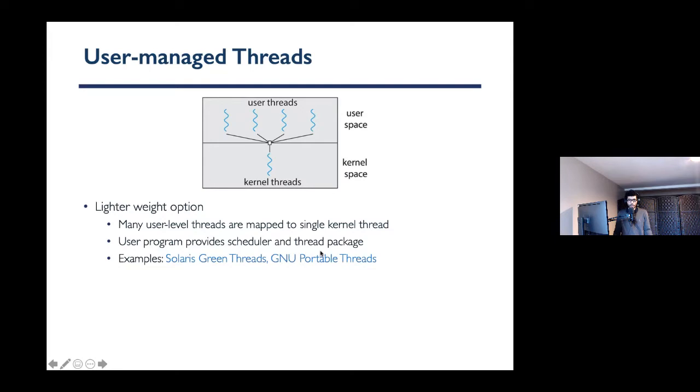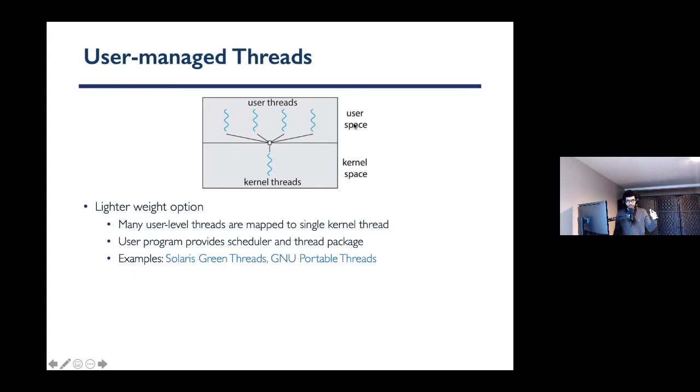In this one, things are a lot faster, because if you want to create a new thread, you don't need to call a system call to create it. You can just do a function call because you're inside the user level library. So you can call a function inside user space to create another thread.